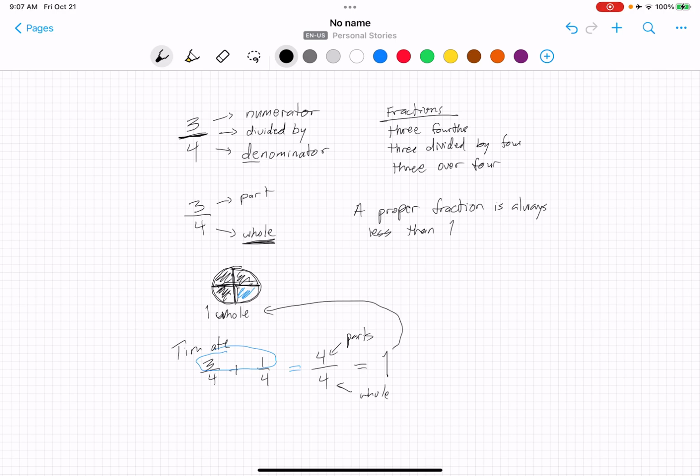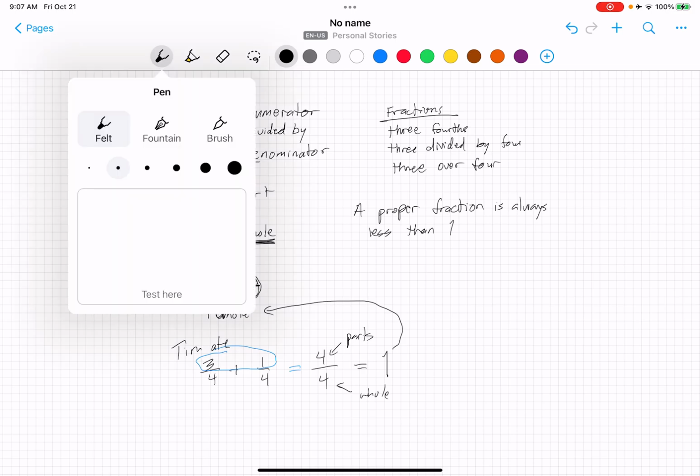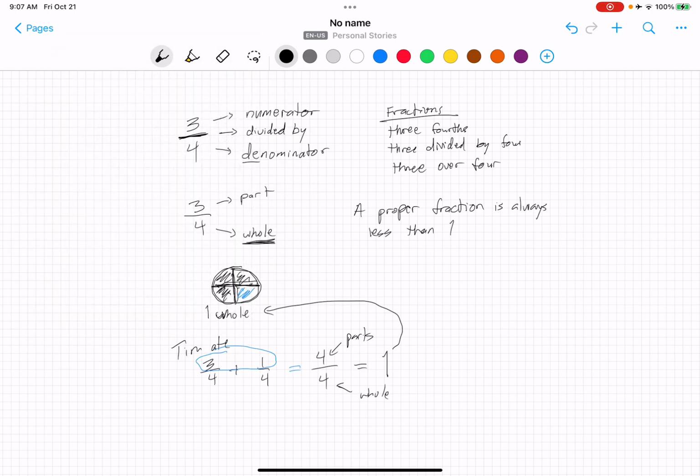Another way to represent a fraction might be using something we call bar modeling. If we draw a bar model, we want to know how many bars I have. So here's one bar, and we can think of it like a bar of chocolate. I would separate this bar into 4 pieces because there are 4 parts in this entire chocolate bar. 1, 2, 3, and 4.